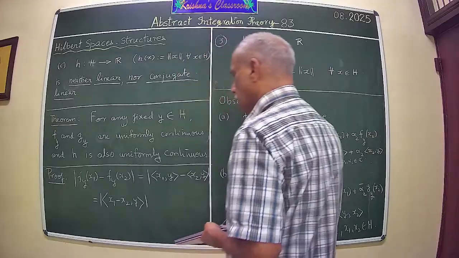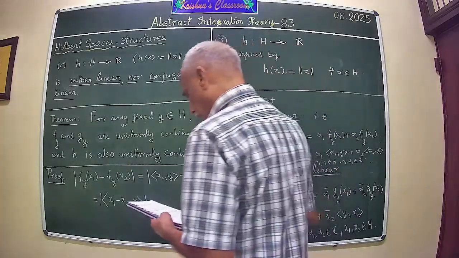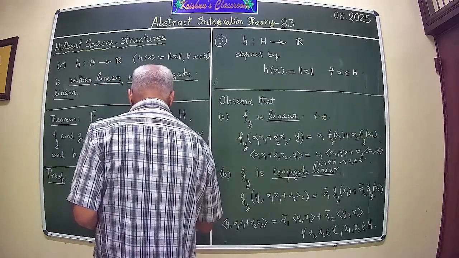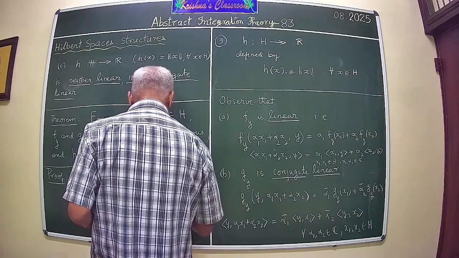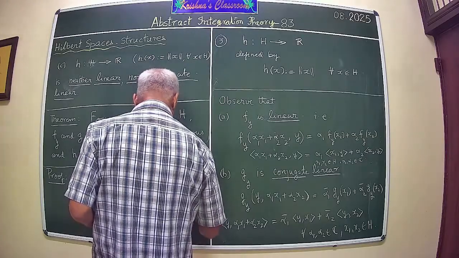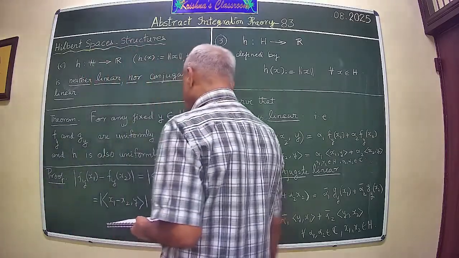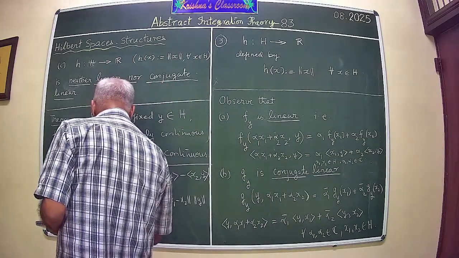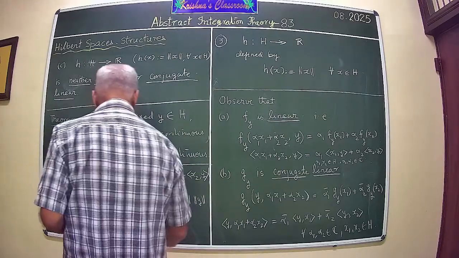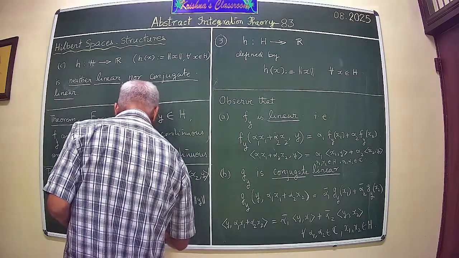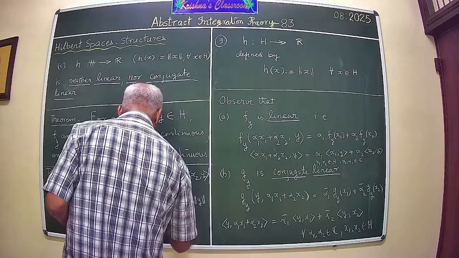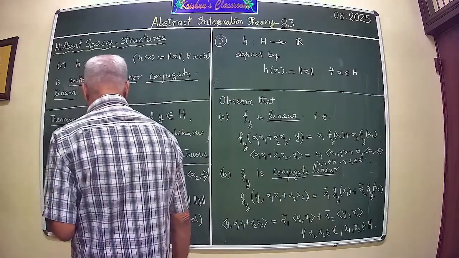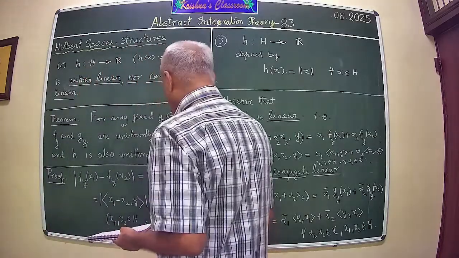Modulus of Fy x1 minus Fy x2 is the inner product of x1 minus x2 with y, and this is, by the Cauchy-Schwarz inequality, bounded by norm of y times norm of x1 minus x2. The y is fixed. Therefore, what do you get?